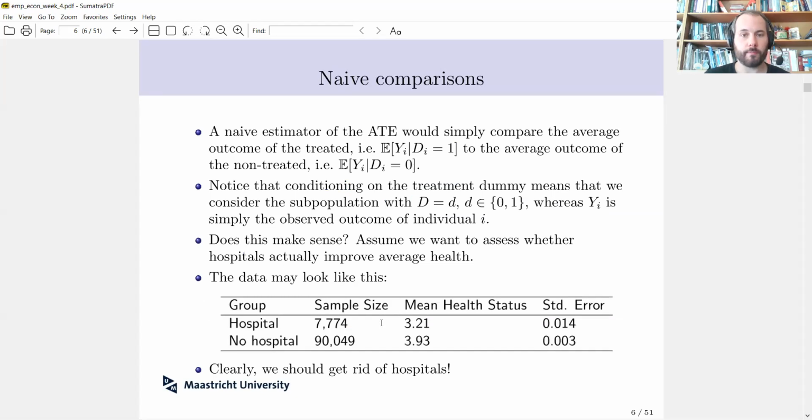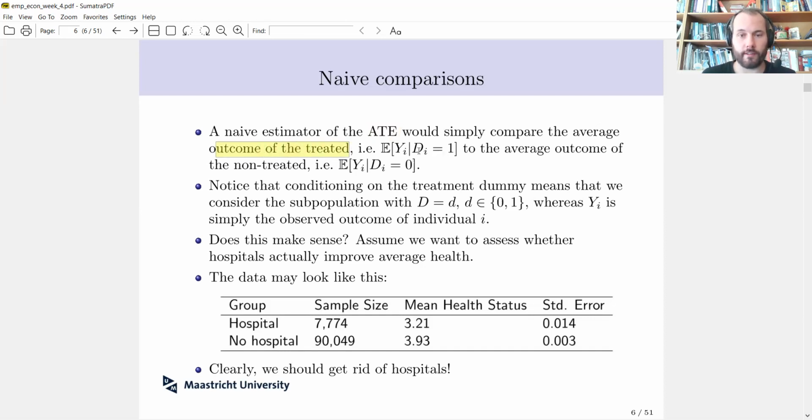Okay, so now what's the problem? Again, we said that we cannot observe the counterfactuals. So we don't know what would have been the case for that particular individual had that individual not received the treatment. Now we could try to estimate the average treatment effect by naive comparisons. We simply take the average outcome of the treated.